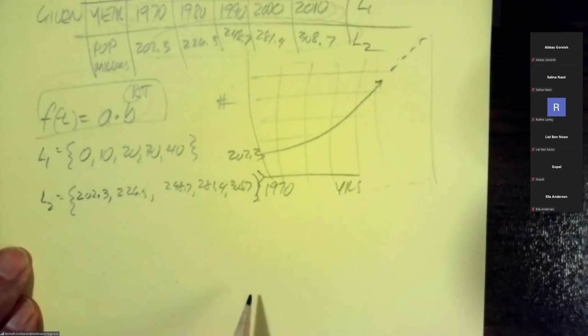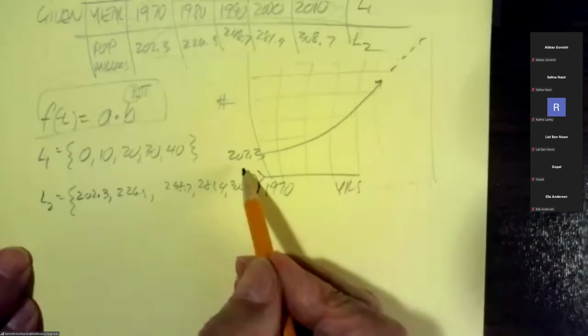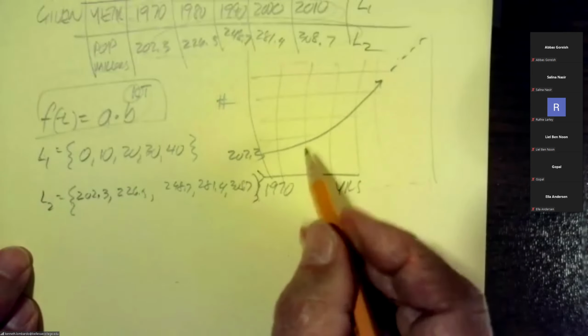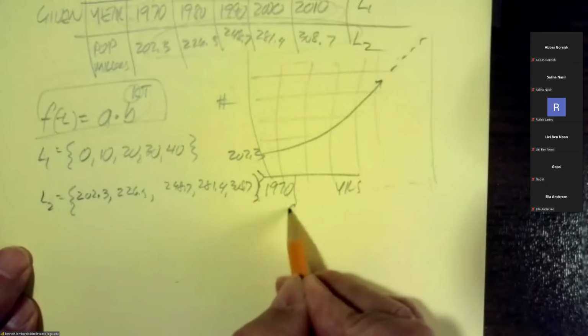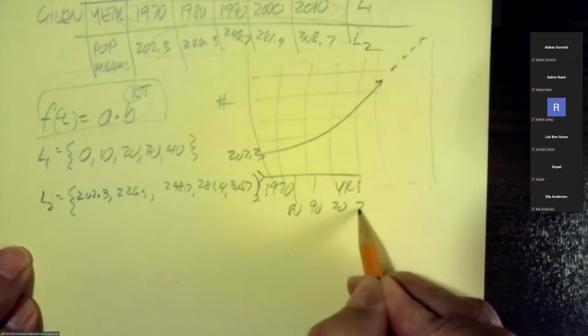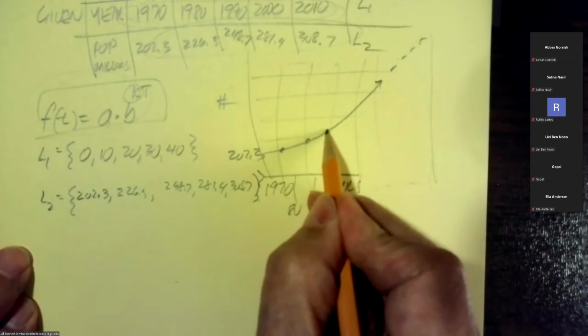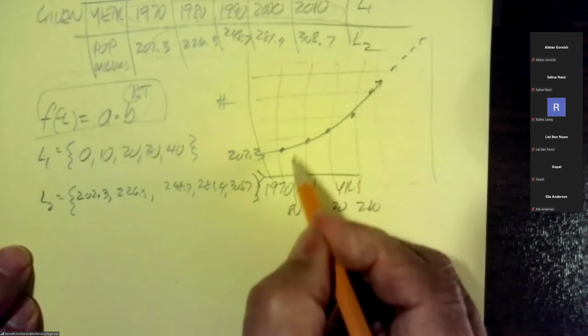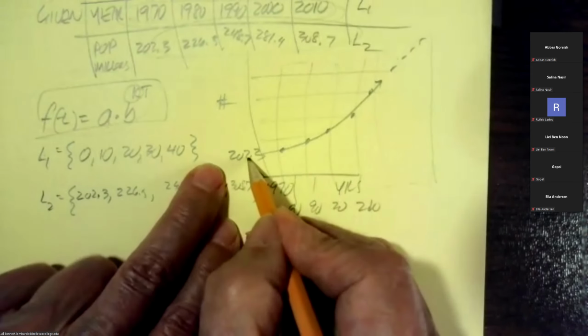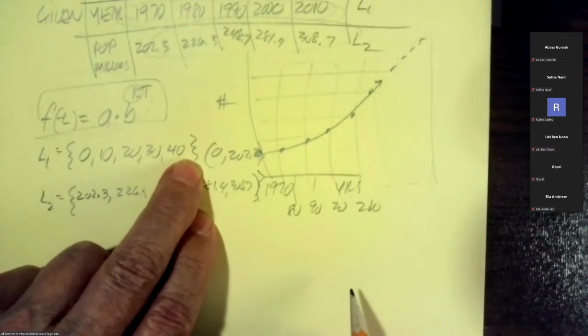Before I do that, I might want to take a look at plotting these. So I take a look at 1970, 80, 90, 2000, 2010, and so forth, and I'll come up with some values here, just like I always would. I would say 0 and 202, that represents this value.